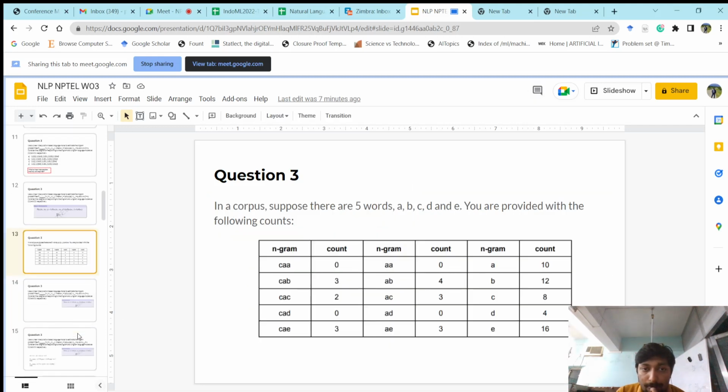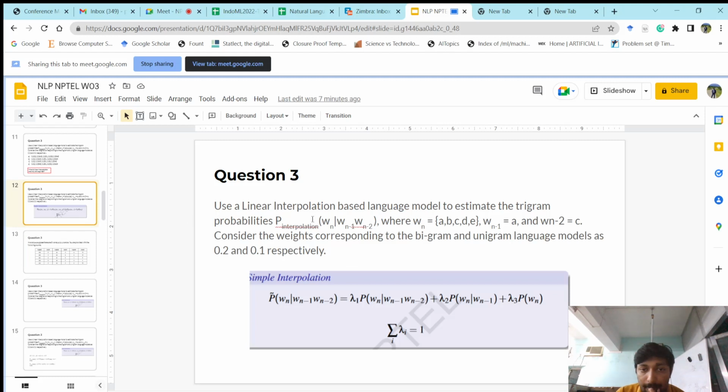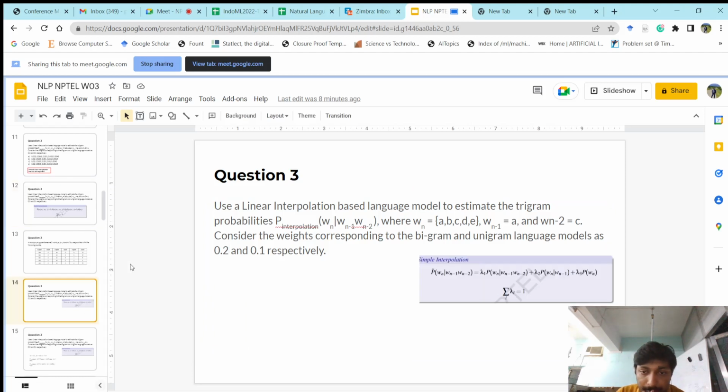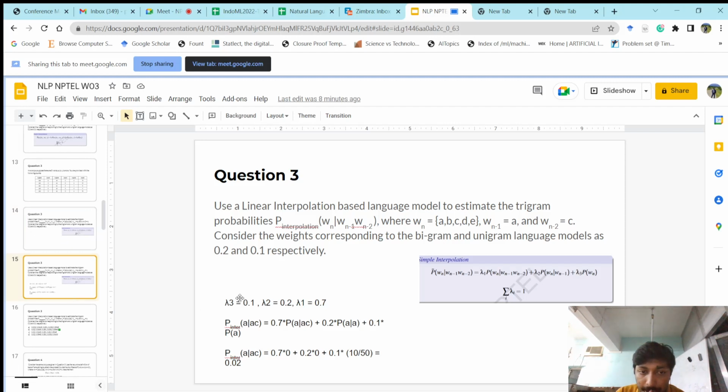Now, coming back to the question, we have to find the interpolated probability of wn given wn minus 1 and wn minus 2, where wn can be any of a, b, c, d, e, wn minus 1 equals a and wn minus 2 equals c. We have been given the bigram and unigram weights, and we can easily say that the trigram weight is 0.7.